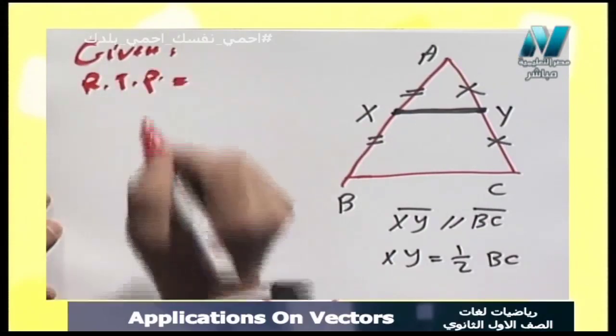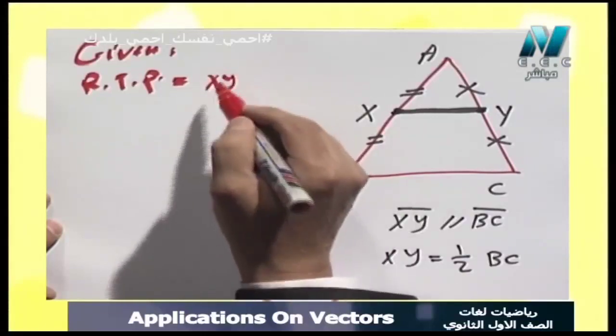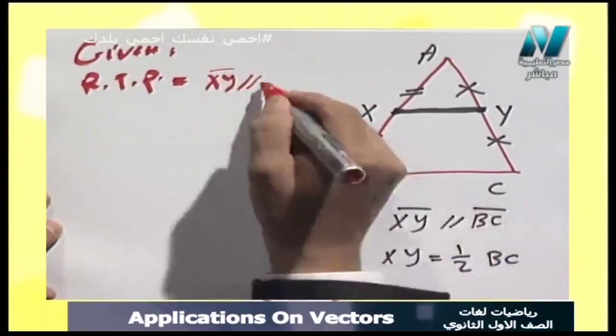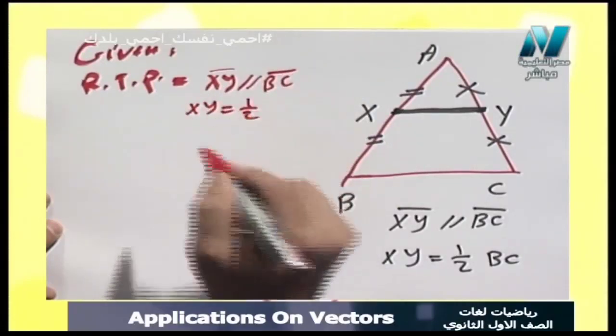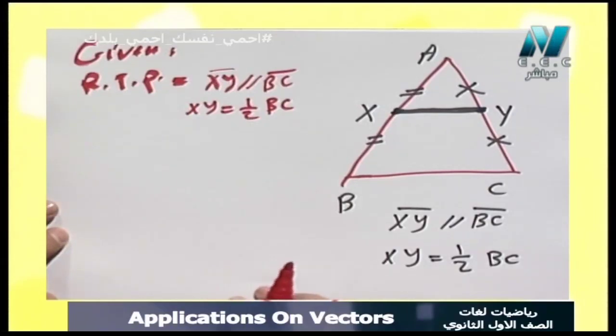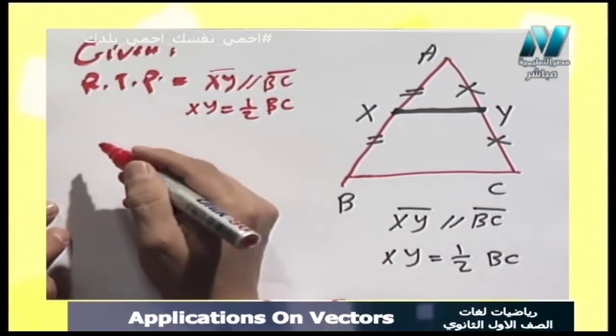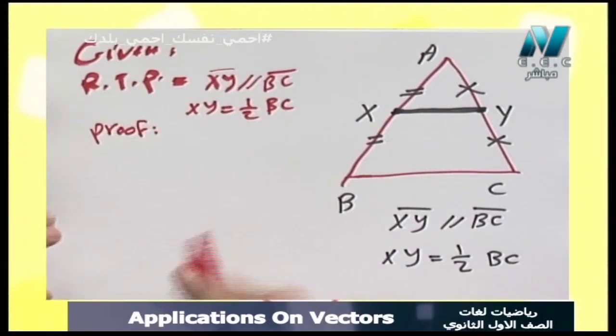The request to prove is XY parallel to BC and XY equals half BC. Okay, the proof itself, the solution, we will use the vectors. Where will we use the vectors?